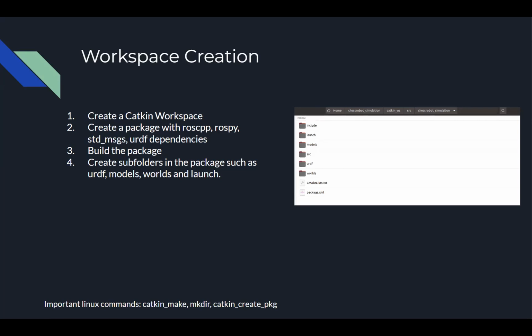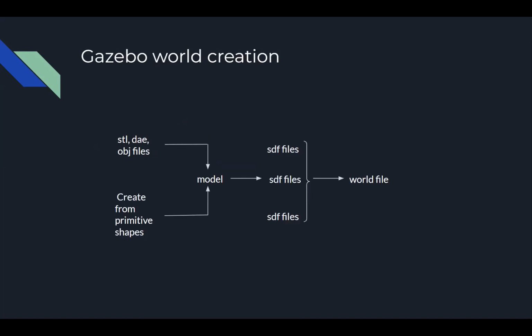Once that is done, we build the packages using catkin_make. Then we add some more subfolders inside the package so that it's in a good structure. Basically, you have a launch folder, a folder which stores all the models, a folder which has the scripts, and a folder for all the worlds, which you'll see later on.